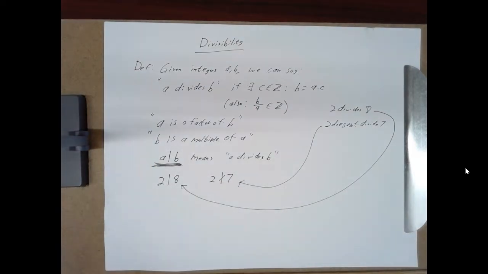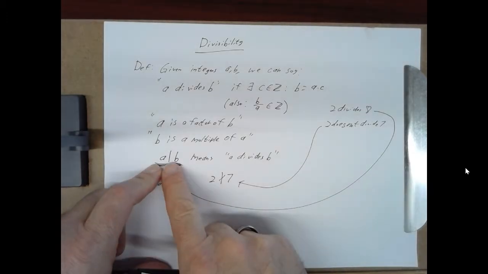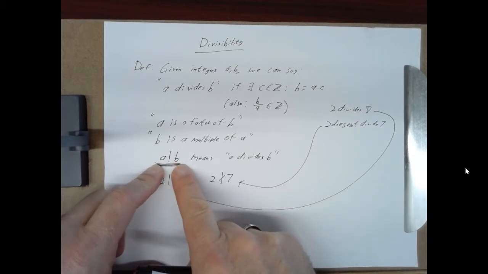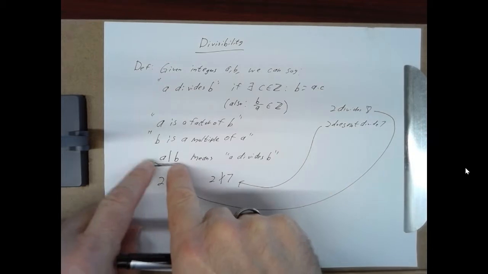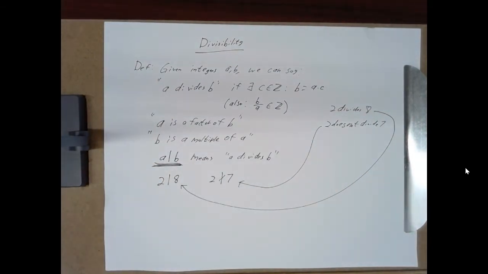Okay, this is just notation, but we're going to talk about divisibility a lot, so we want this shorthand. And somewhere late at night while you're doing homework, you're going to suddenly replace A divides B with A over B, and your proofs are going to go wonky. So come back to this. A vertical bar B means A divides B.